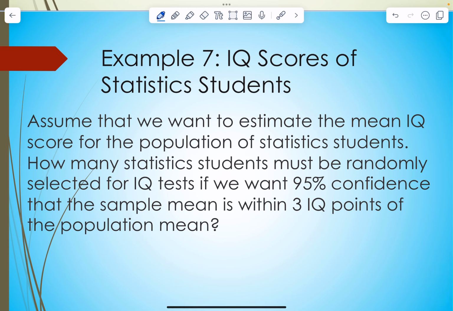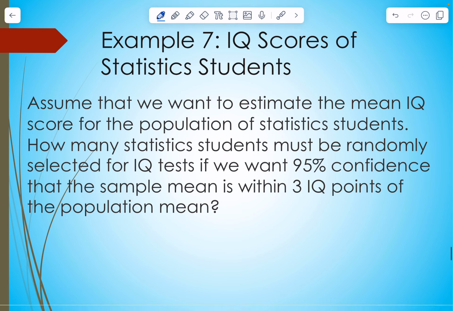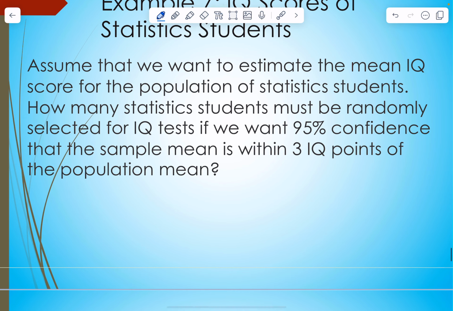Example 7, IQ scores of statistics students. Assuming that we want to estimate the mean IQ score for the population of statistics students, how many statistics students must be randomly selected for IQ tests if we want 95% confidence that the sample mean is within 3 IQ points of the population mean?